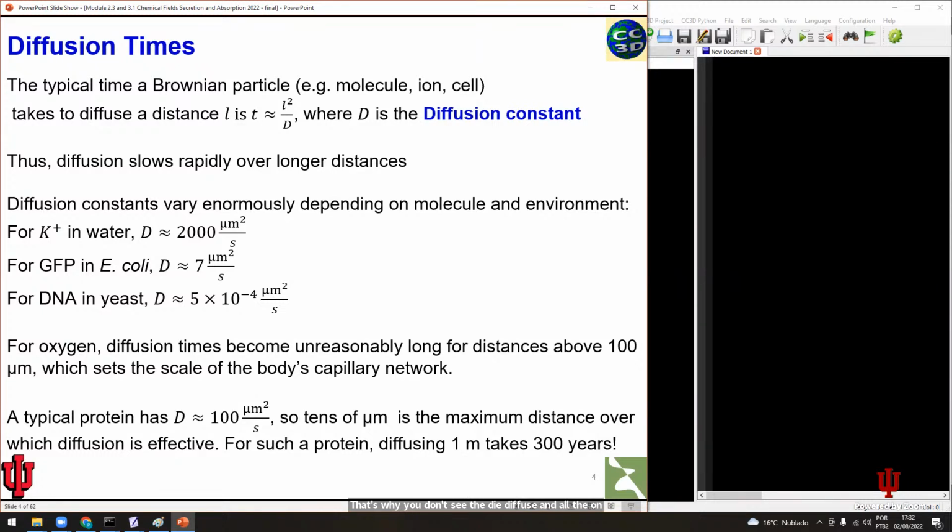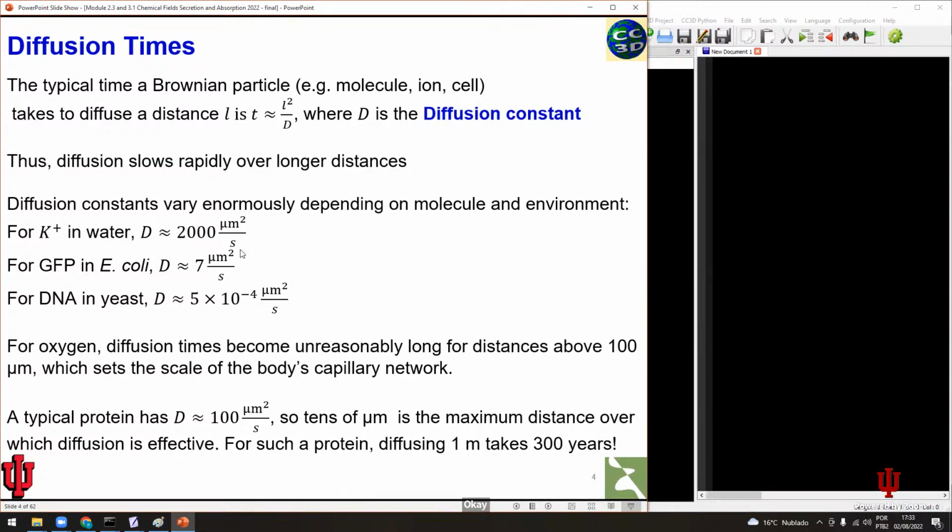And because diffusion is driven by those collisions, you expect that for larger and heavier molecules like DNA, you will have a lower diffusion coefficient. So here is 10 to the -4, while for potassium, which is a small particle, much smaller than DNA, it's just an atom. In water, which is even softer, let's say, than yeast, you have a much higher diffusion coefficient, okay?